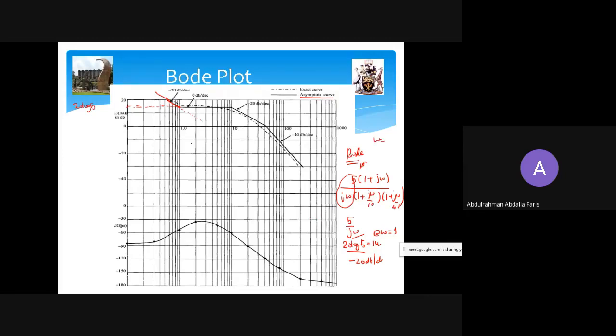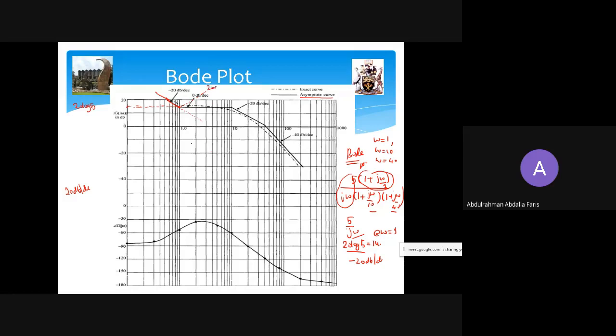We have omega equals 1, omega equals 10, omega equals 40. The next corner frequency is omega equals 1, which is due to a 0. This 0 is actually at 20 dB per decade. So at this point, there is a line going up like that.